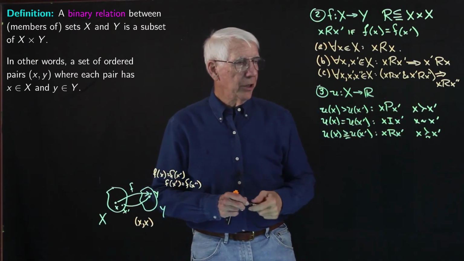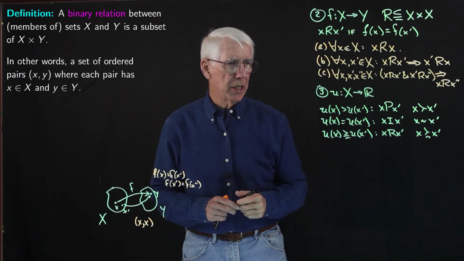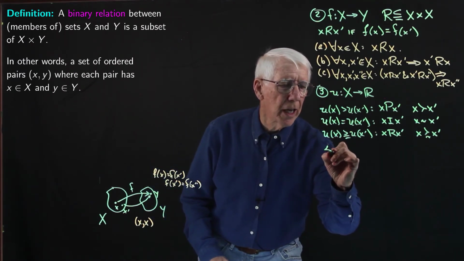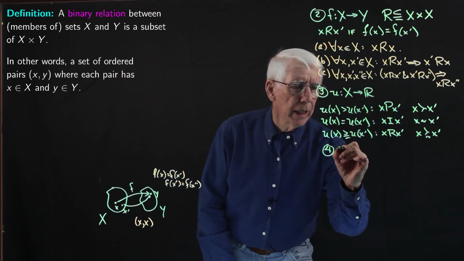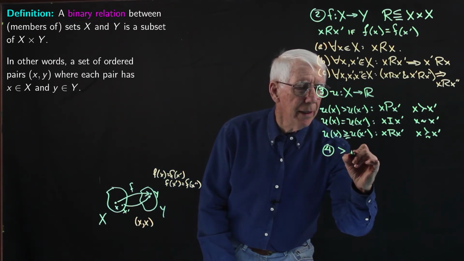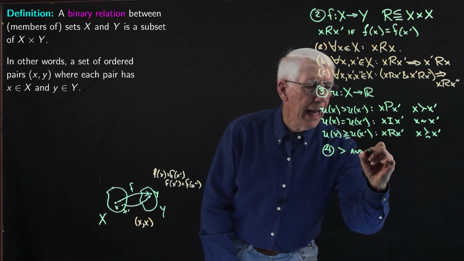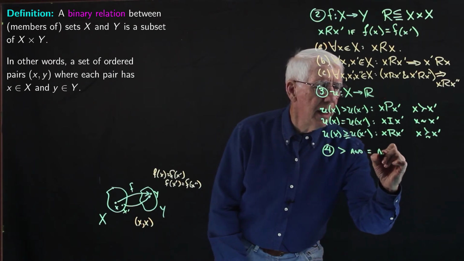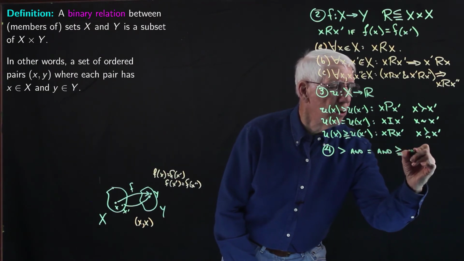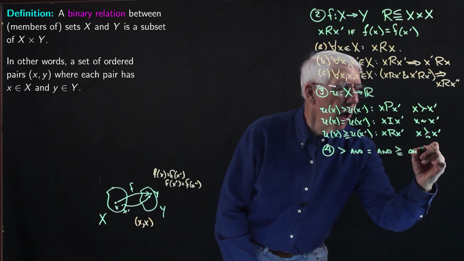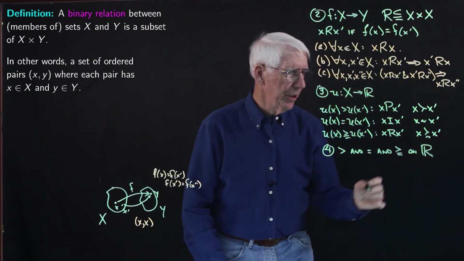And so here you'll notice how similar this is to a fourth example that we're all familiar with, the relations greater than, and equals, and greater than or equal to on the set of real numbers.